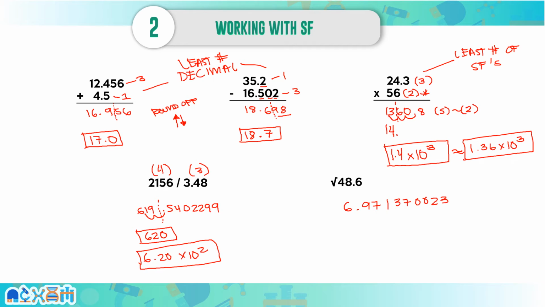However, when you look at our question here, you only have 3 SF, which means we have to cut right about here. This is 1 and 3, 13, that's less than 50, which means this should be retained as 6.97. This is your final answer when working with significant figures.